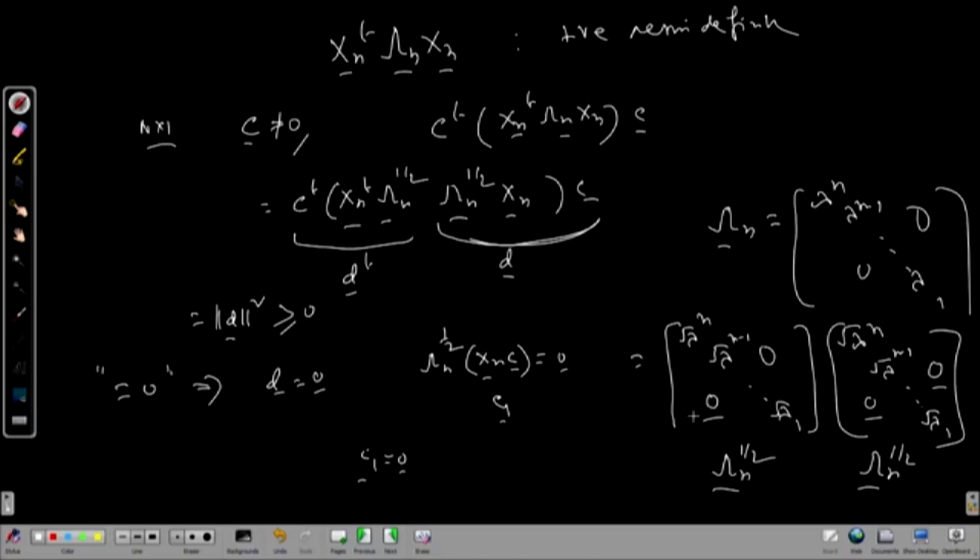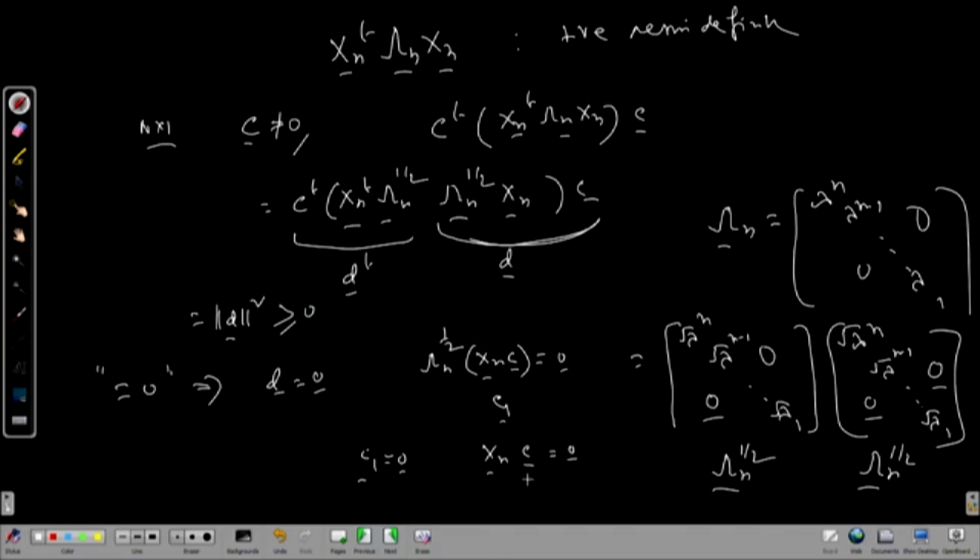Understood? If you take this matrix lambda n to the power half and a C1 vector, you get square root lambda to the power n times the first element, square root lambda to the power n minus 1 times the second element, and so on, and you are equating that to 0. Therefore, elements of C1 should be 0 because these are not zeros. Lambda is non-zero, square root lambda is non-zero. So C1 is a 0 vector, and that means X n C is 0.